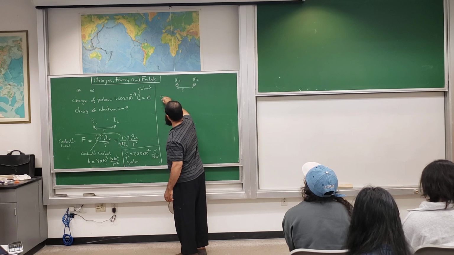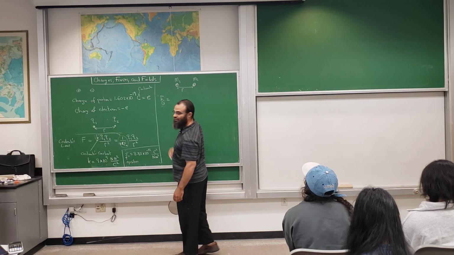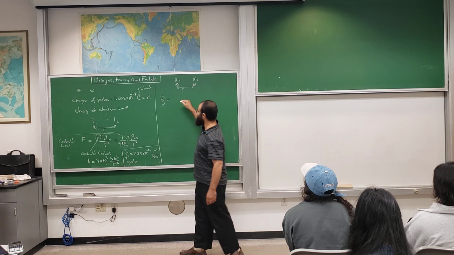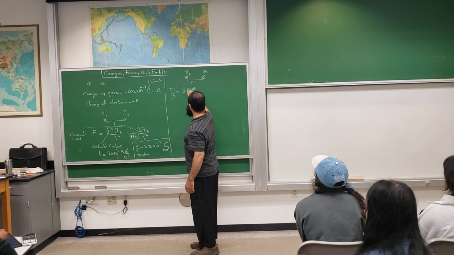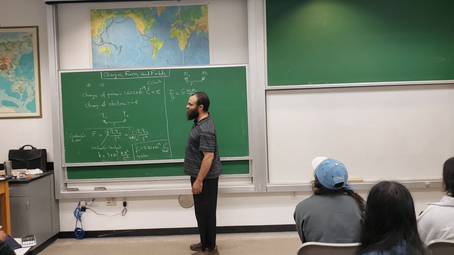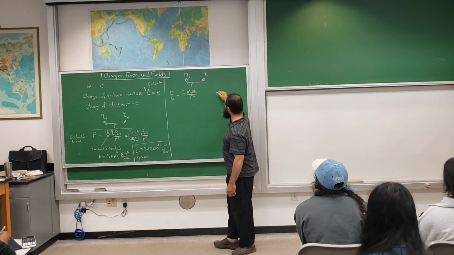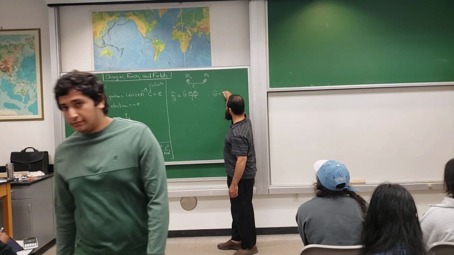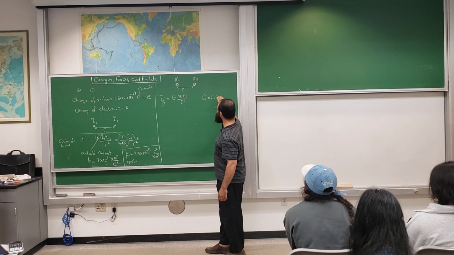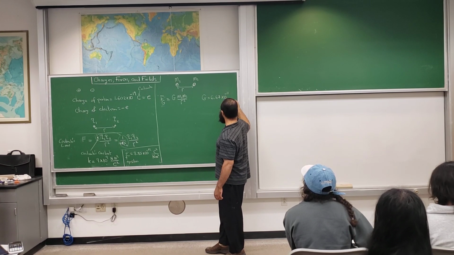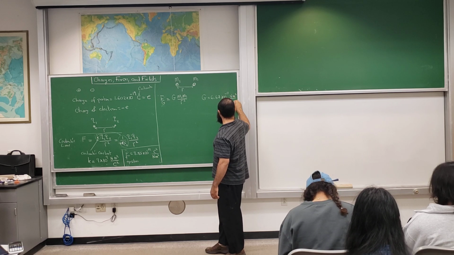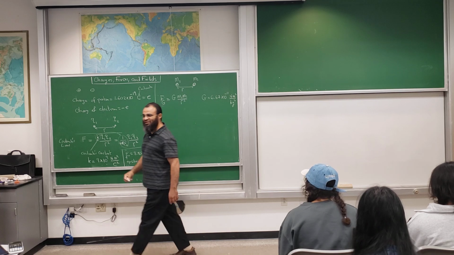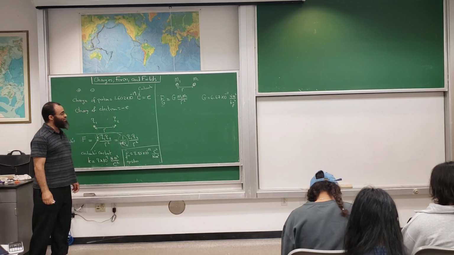What's the gravitational force, Fg, between them? G, M1, M2 over R squared. Excellent. Good. Remember what G was? 6.67 times 10 to the minus 11 newtons meters squared per kilogram squared, right? That was G, the universal gravitational constant.